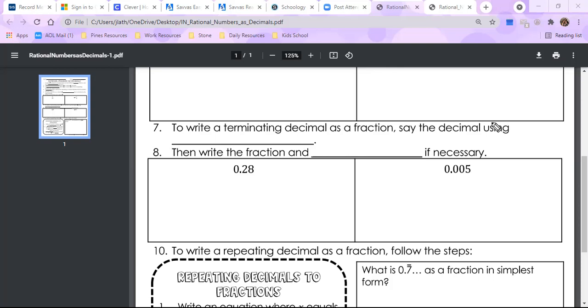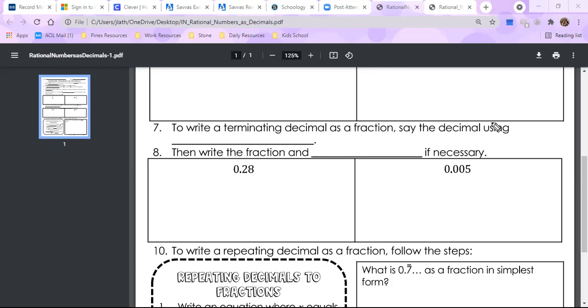I'm going to erase this, and we're going to do the same thing with 100, except this time I'm going to use 4 and 25. Neither are prime. 4 is 2 and 2. Those are prime. 25 is 5 and 5. Those are prime. So we have 2 times 2 times 5 times 5.